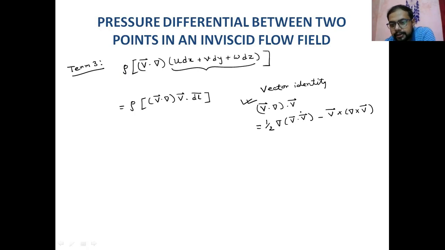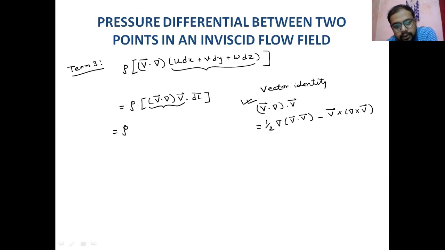So this part can be replaced by this one. We can replace it from the vector identity. So what is that?